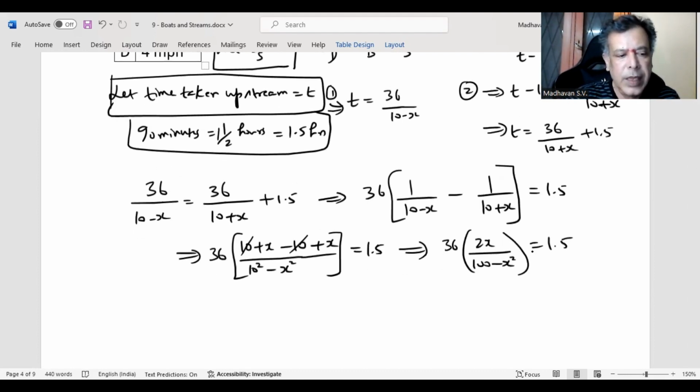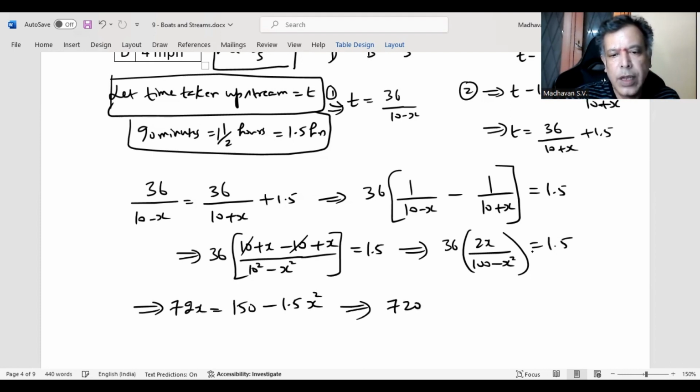Now cross multiplying, we will have 72x equal to 1.5 into 100, which is 150, minus 1.5 x square. Multiplying both sides by 10, we get 720x equal to 1500 minus 15x square.